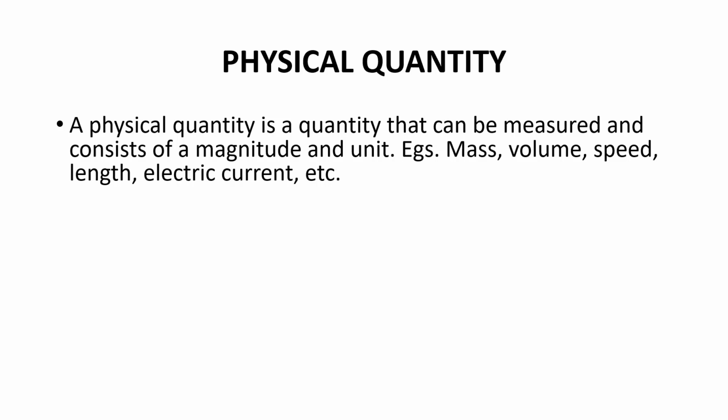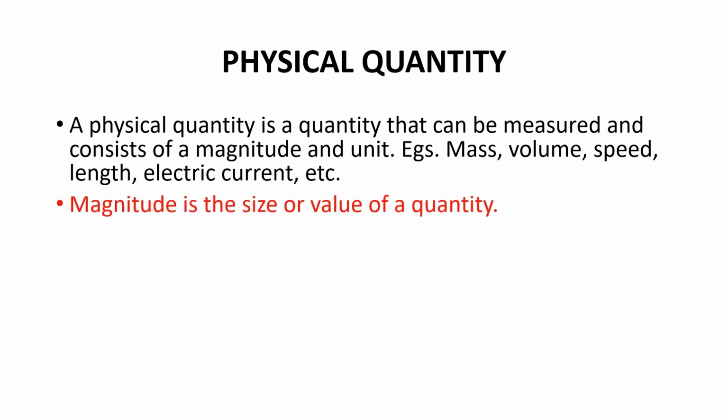What do you say about physical quantity? A physical quantity is a quantity that can be measured and consists of a magnitude in units. Do you know the meaning of magnitude? Magnitude simply means the size or value of a quantity.